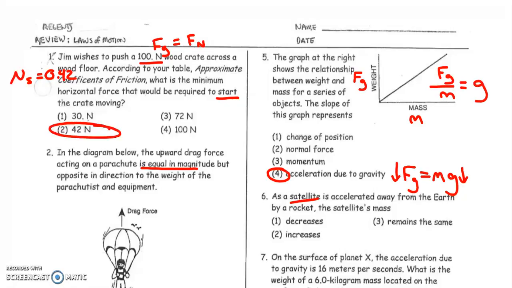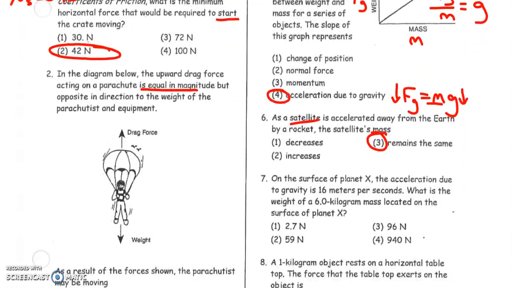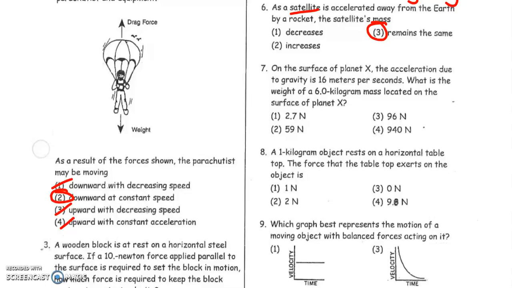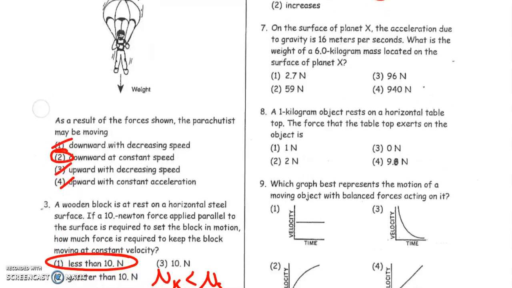But the mass is a measurement of how many protons, neutrons, and electrons a quantity has, and that amount is not going to change. The general takeaway is that mass will stay the same no matter where you are in the universe, whereas your weight will change from location to location.